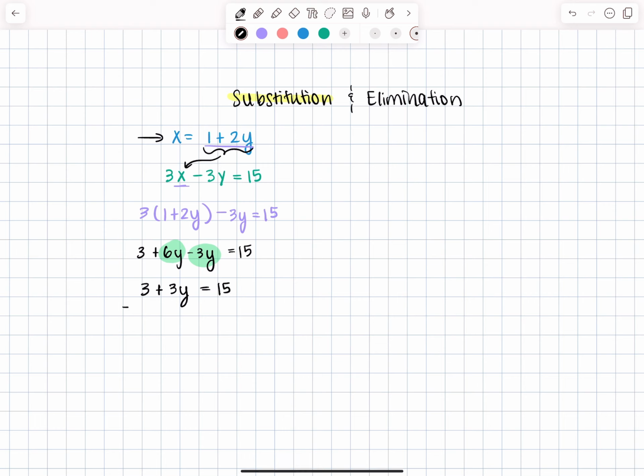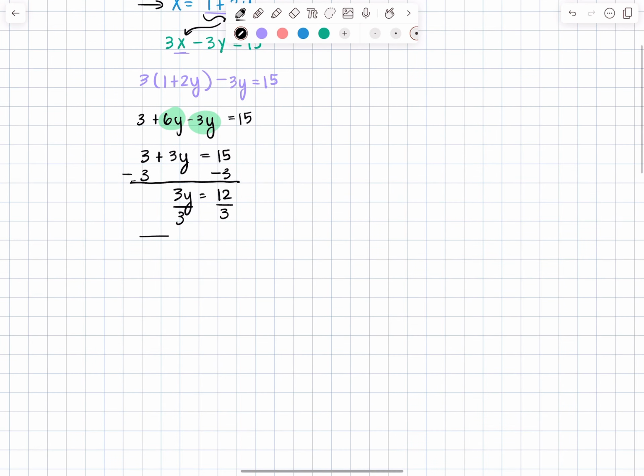We can subtract 3 on both sides. So now we have 3y equals 12. Divide by 3 on both sides, and we get y equals 12 divided by 3, which is 4.